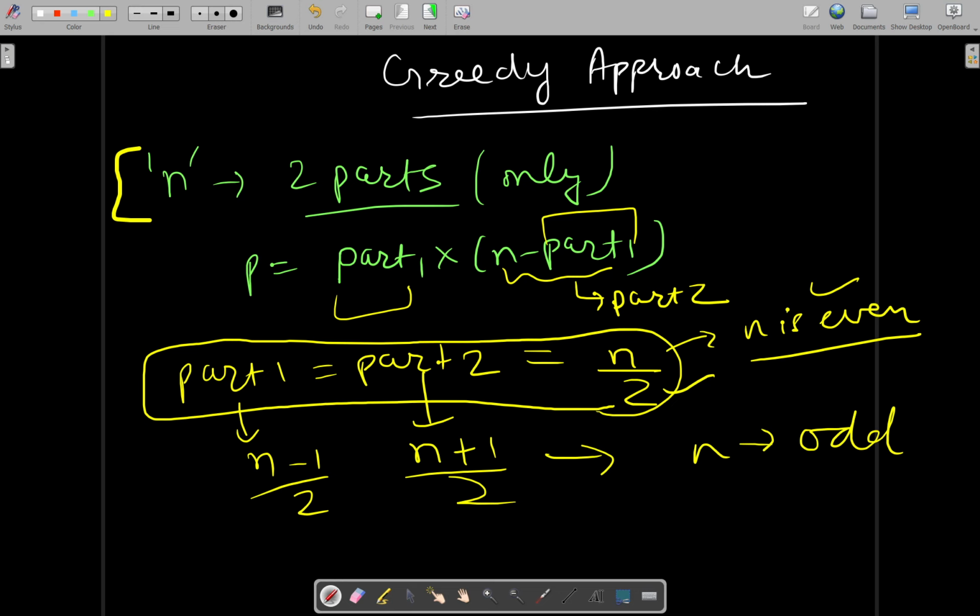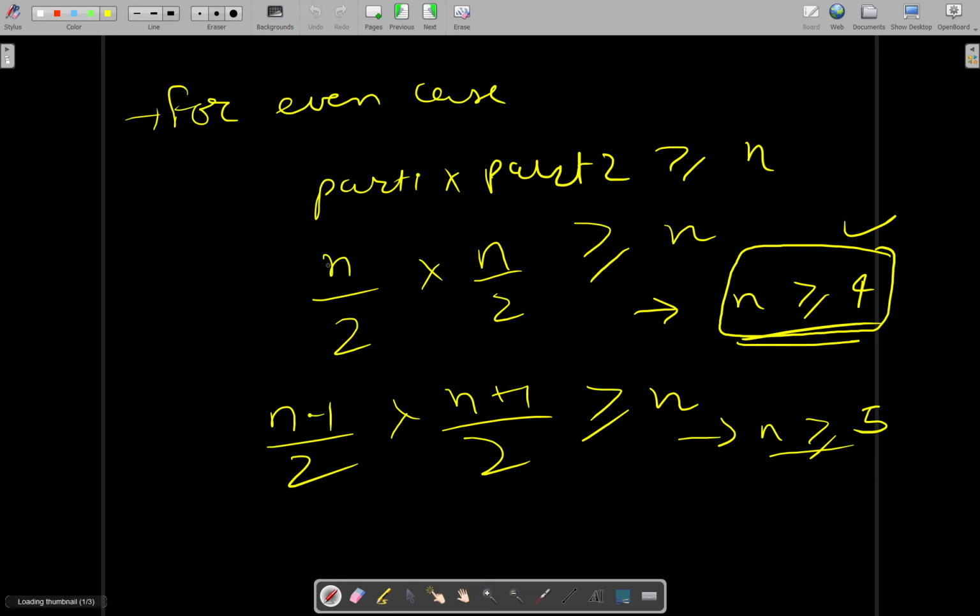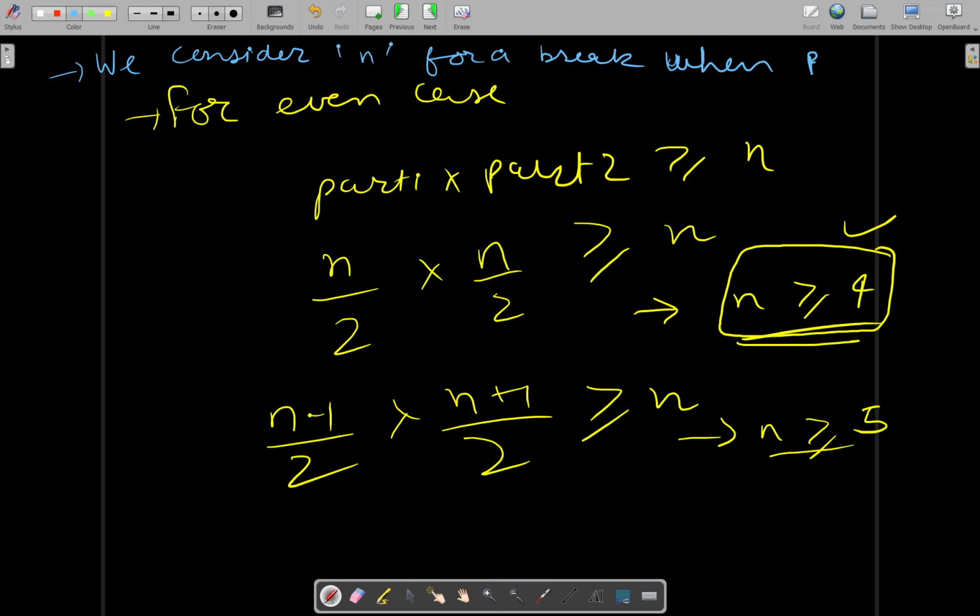So what we will do is we will consider n for a break when the product reaches greater than or equal to n.